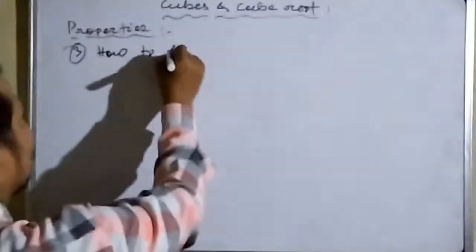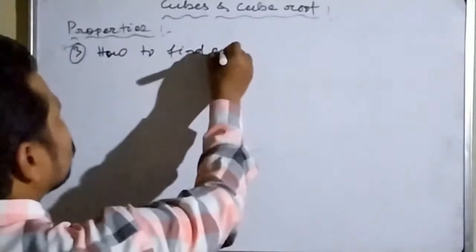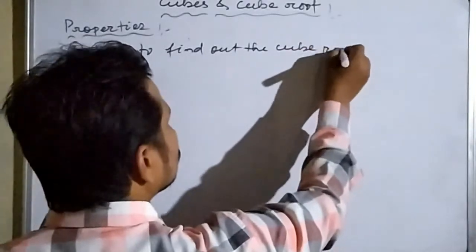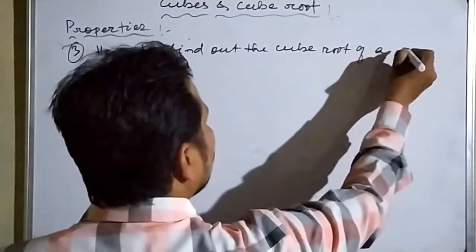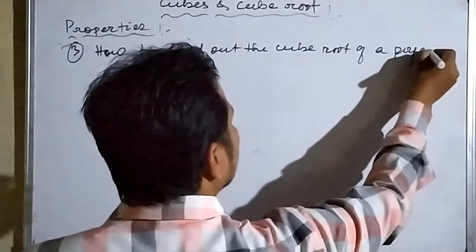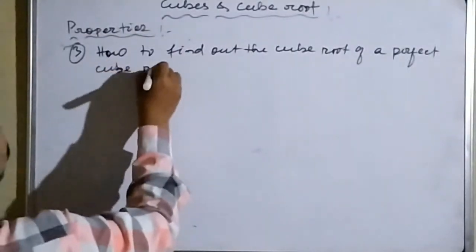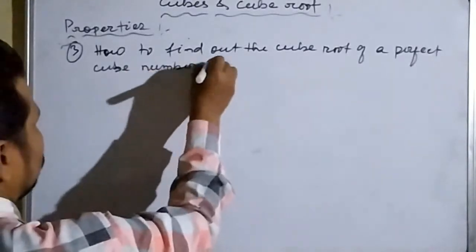Property number 3. This property is applicable to find the cube root of a perfect cube number.